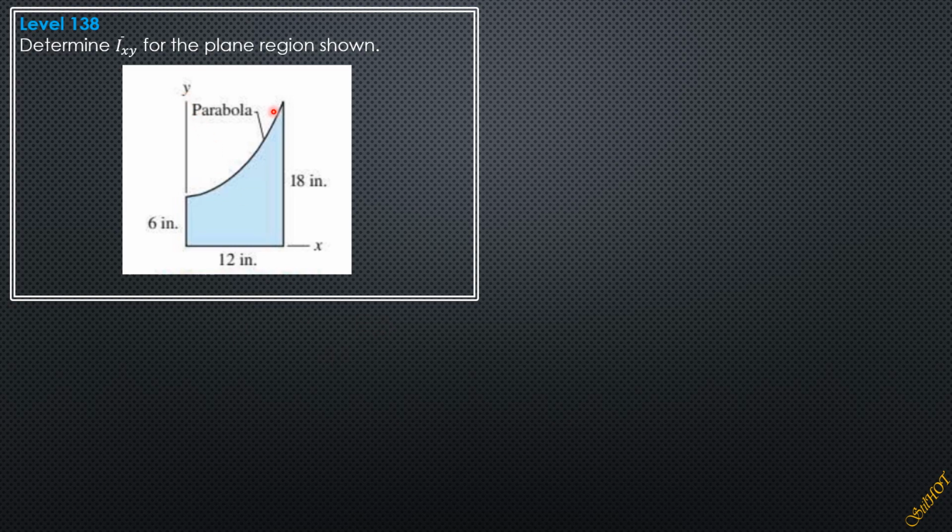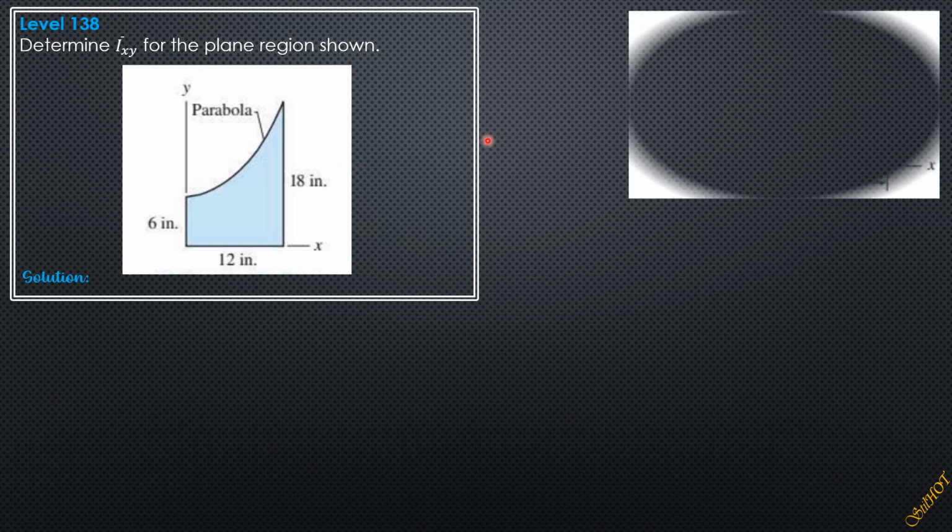So for the parabola, remember from the previous problem that we derived the product of inertia of this parabola with respect to the xy axis and with respect to the centroidal axis.